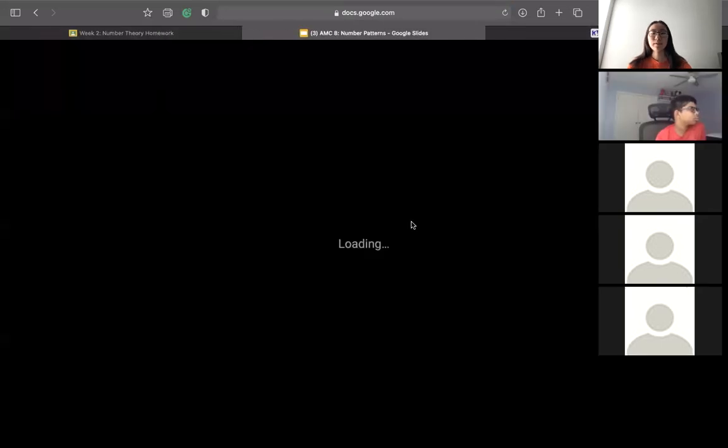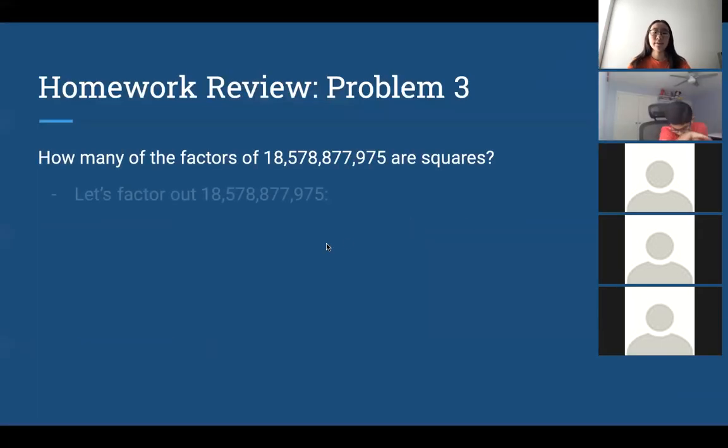Okay. So the strategy for finding the number of squares, well, you know that any number that's a square has to have an even exponent, because, you know, if, let's say, a factor of that number is 25, well, then that means that it has to have 5 squared at least in its prime factorization. Yeah, we're on question 3.